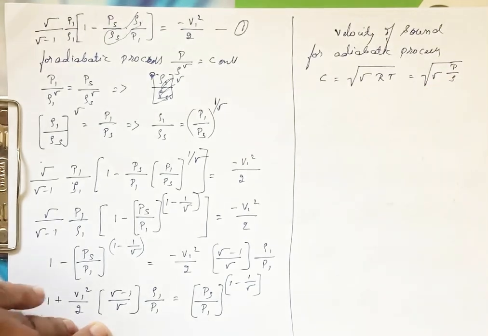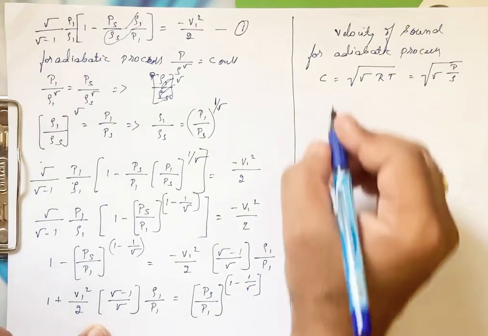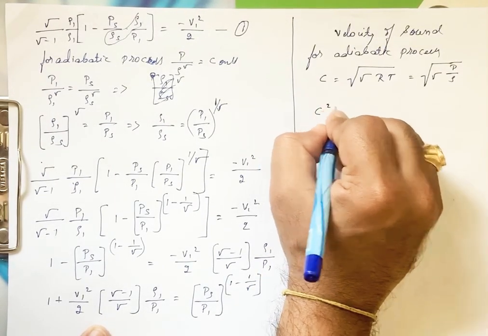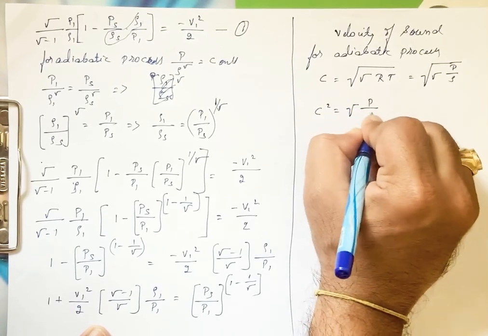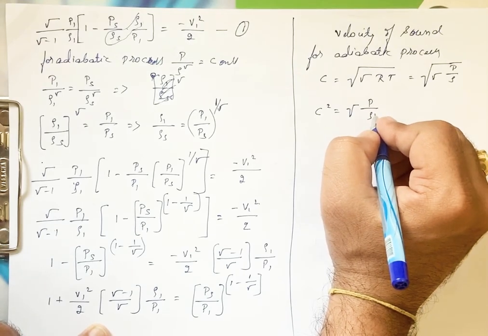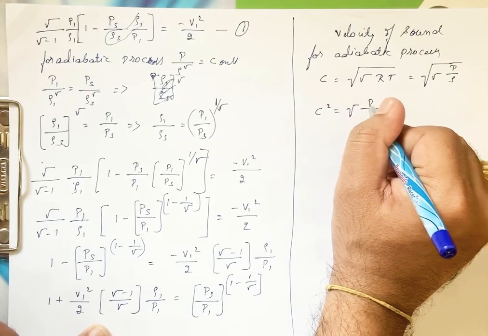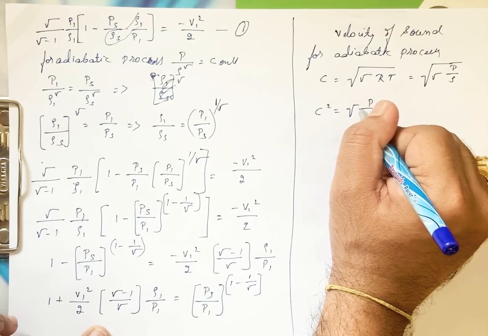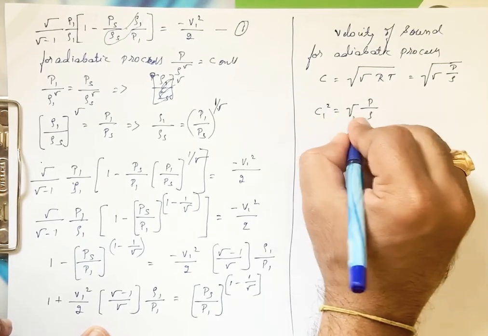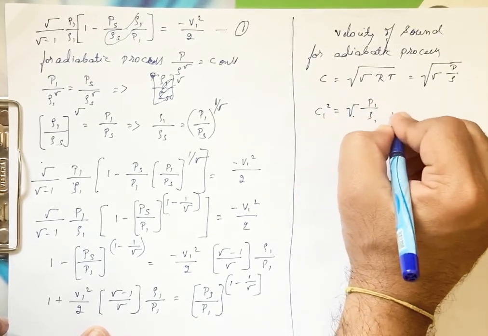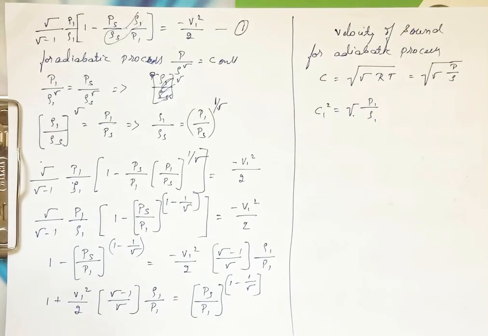This is the velocity of sound we have. Now I'll take that expression, that is C square is equal to gamma into P by rho. So in place of gamma into P1 by rho 1, I can substitute C1 square here. Now I'll call the last equation as equation number 2.